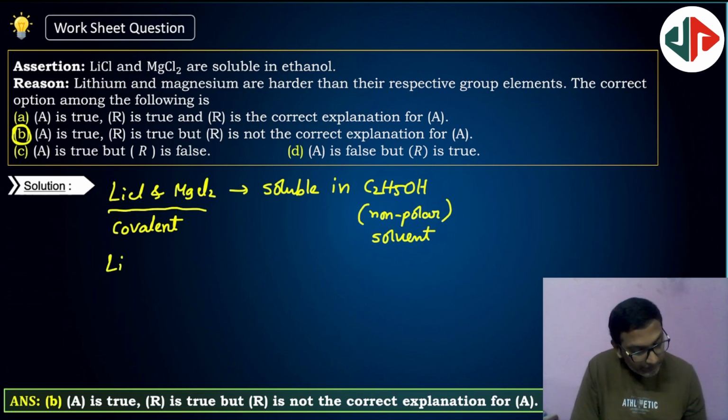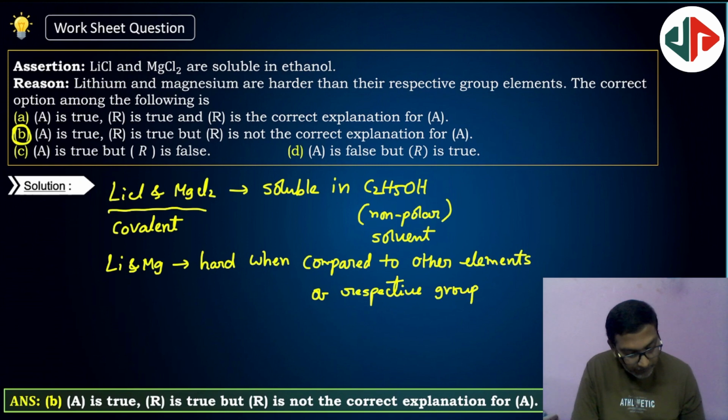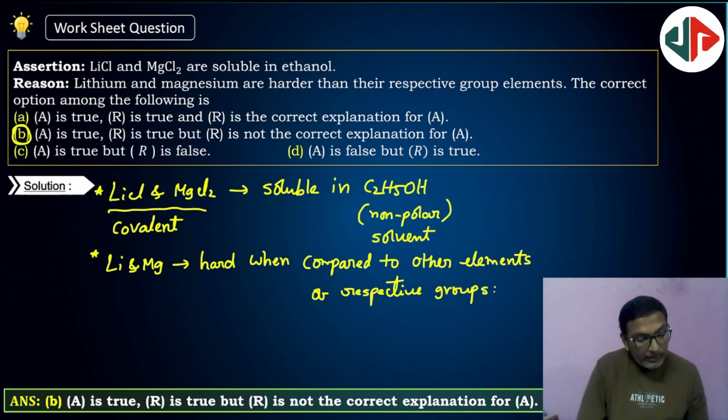Lithium and magnesium are hard when compared to other elements of respective groups. So both are correct. Option B.